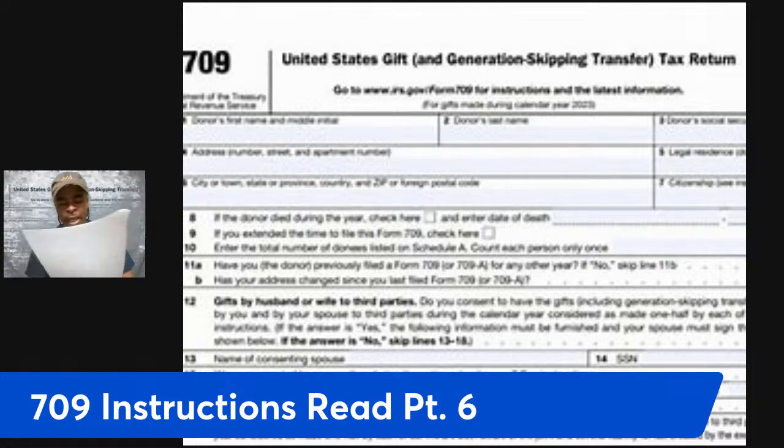That's it. Add all that up, stupid. Any available applicable credit against the gift tax. What are you complaining about?